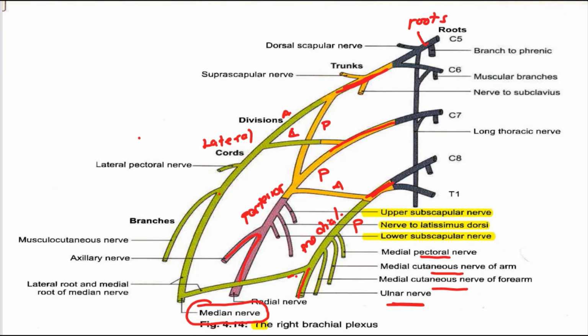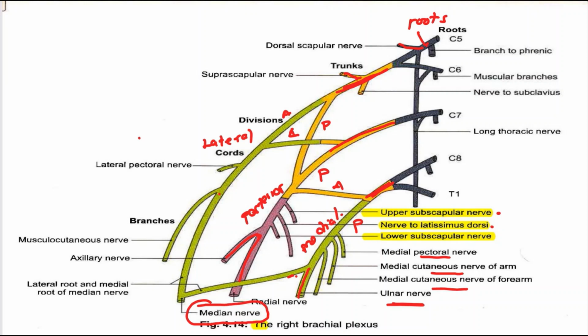Other branches that will come from the posterior chord are the upper subscapular nerve, nerve to the latissimus dorsi, which is the thoracodorsal, and the lower subscapular nerve. So other branches from the brachial plexus are that from roots, you find the dorsoscapular nerve, and then from the superior trunk, you find the suprascapular nerve.